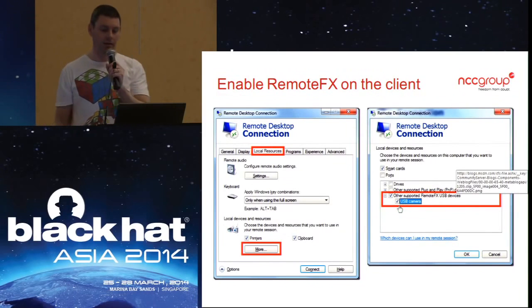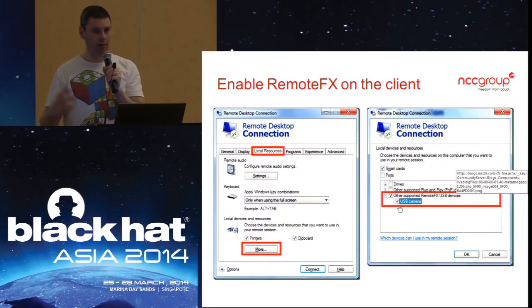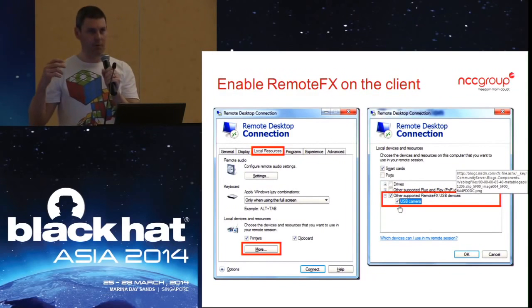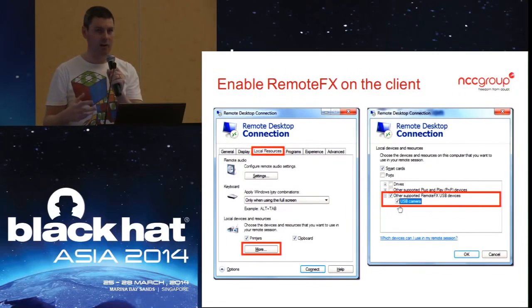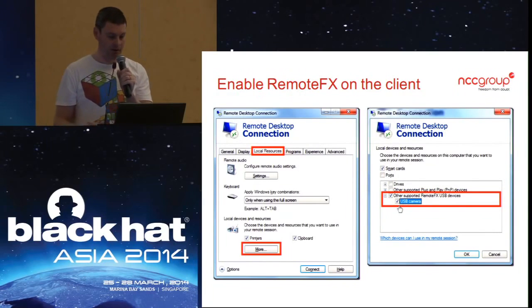In fact, within the more granular RDP client configuration, you can specify any USB device by its GUID and say, I want to remote this device. So it's not based on specific use case types as it was with high-level redirection. Now it's much more generic, and the functionality is there to allow you to remote any USB device using RemoteFX.